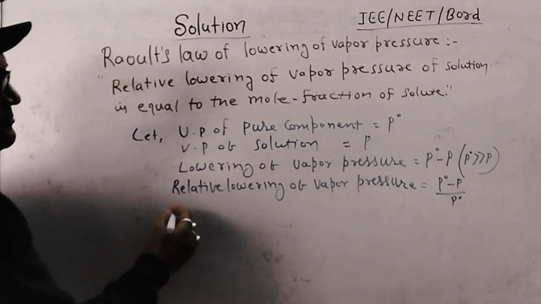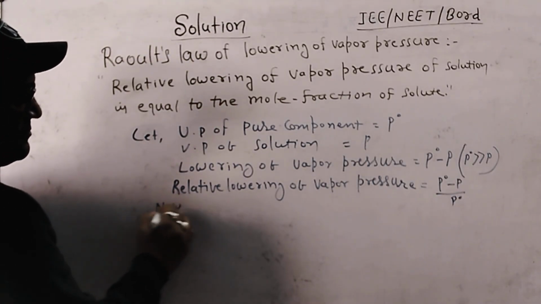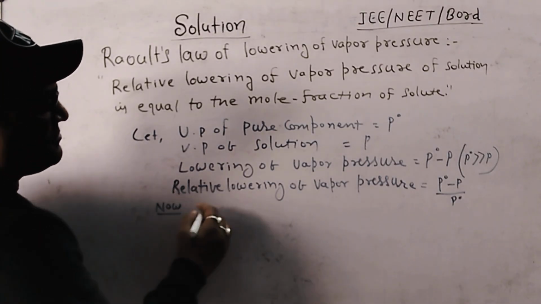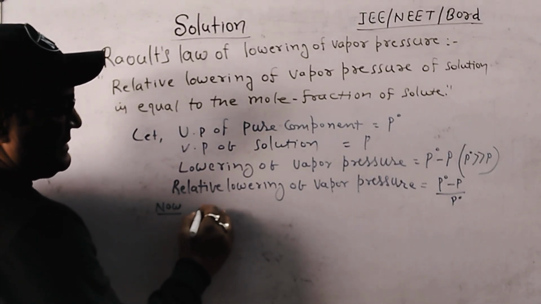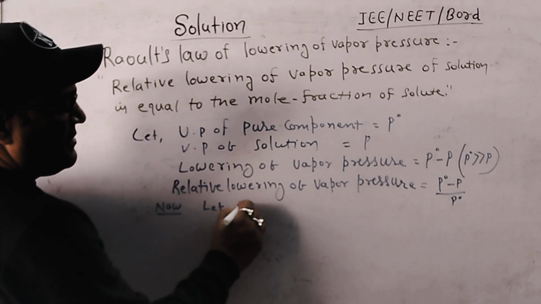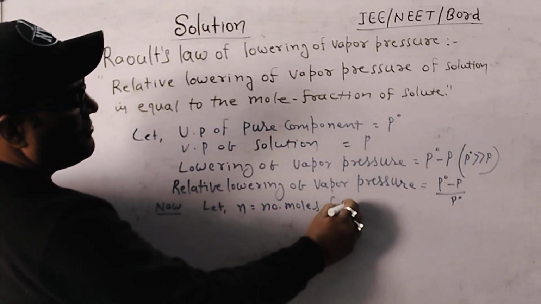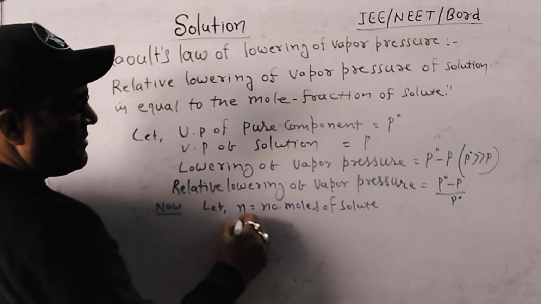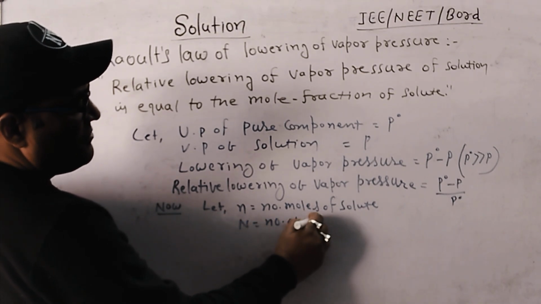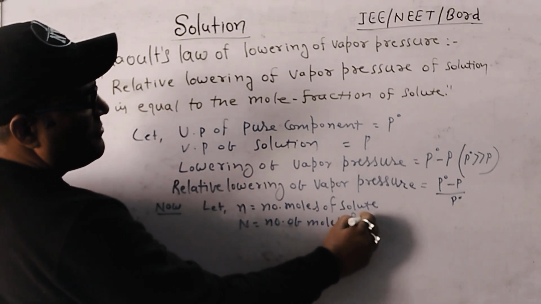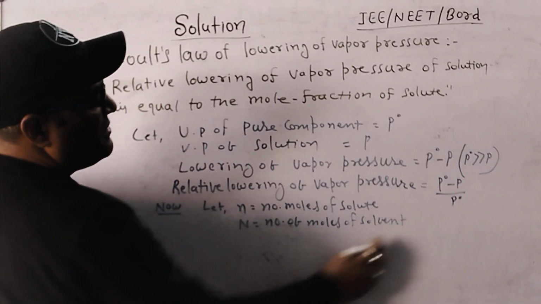Now for the mole fraction of solute, let small n be the number of moles of solute and capital N the number of moles of solvent.